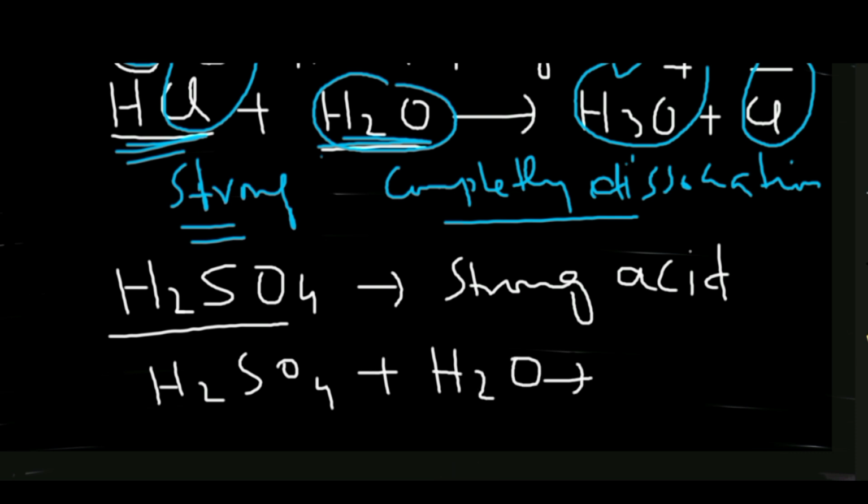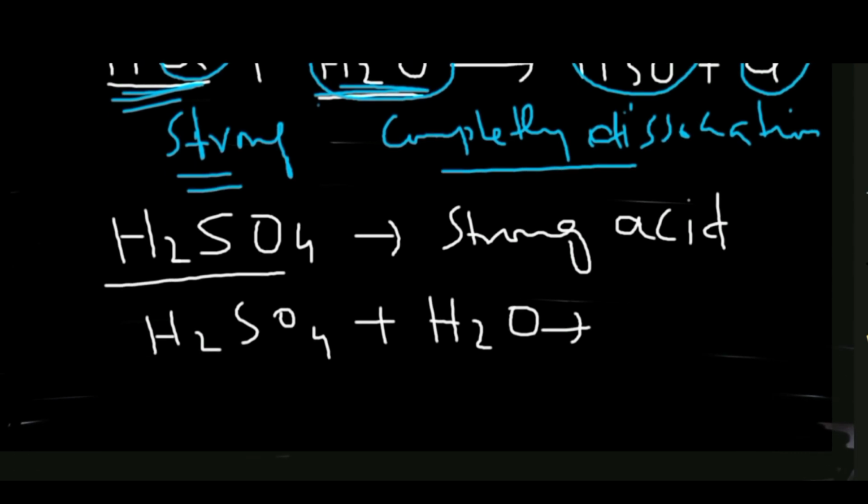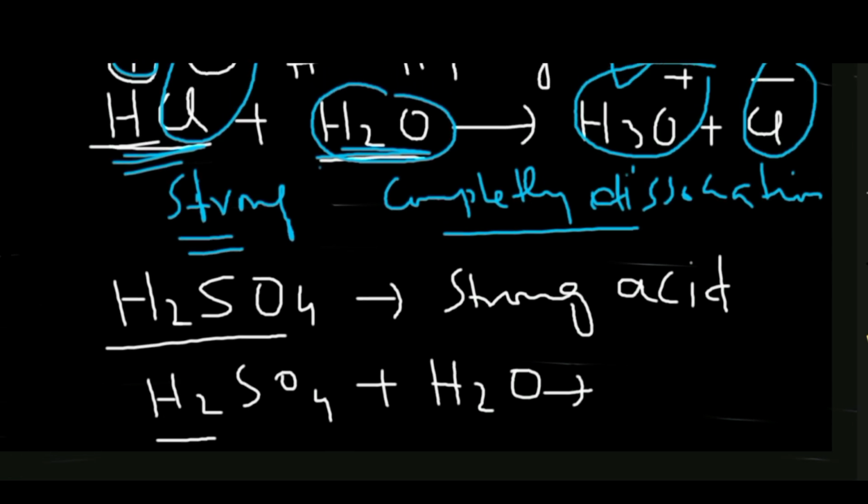If you see here, sulfuric acid has two hydrogen atoms instead of one, like HCl. HCl has one hydrogen atom, while sulfuric acid has two hydrogen atoms.